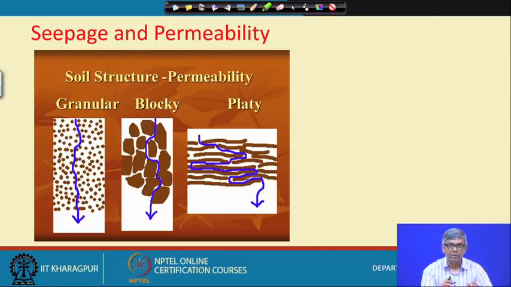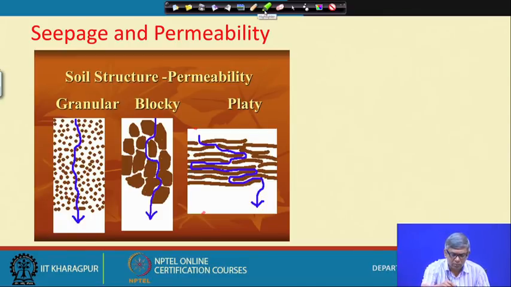And if it is clay particles, which is shown in a very enlarged way, but microscopically the particles will be like that, and in that case the water is coming from here to here, but the actual travel path may be much longer. Because of that, the seepage velocity here will be something, here will be something, here will be something. So, you have to see what are the parameters on which permeability depends. We will see them one by one.